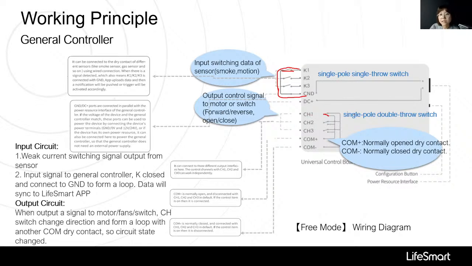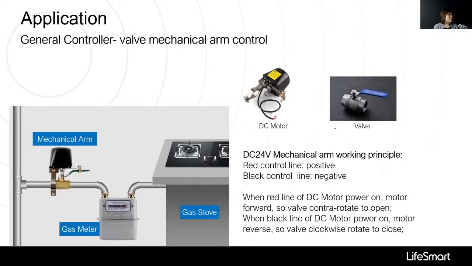The CH is a single pole double throw switch, and in default state it is up, and if it's triggered, it will go down to connect to the other COM. I will show some practical examples to explain how it works more clearly.